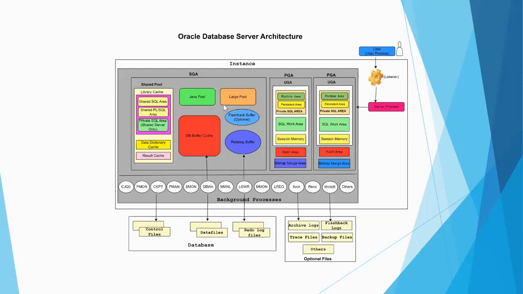That information is stored in something called the data dictionary. The data dictionary cache that you see inside the shared pool is only a small representation of the entire data dictionary. The data dictionary is a set of internal tables in which the information regarding the database is stored.